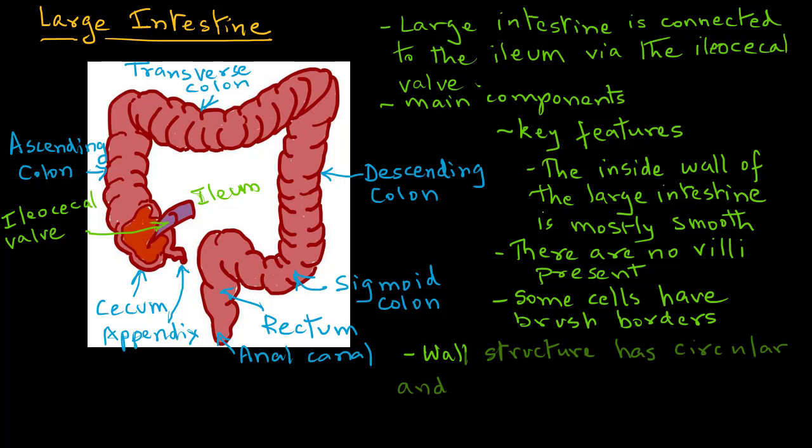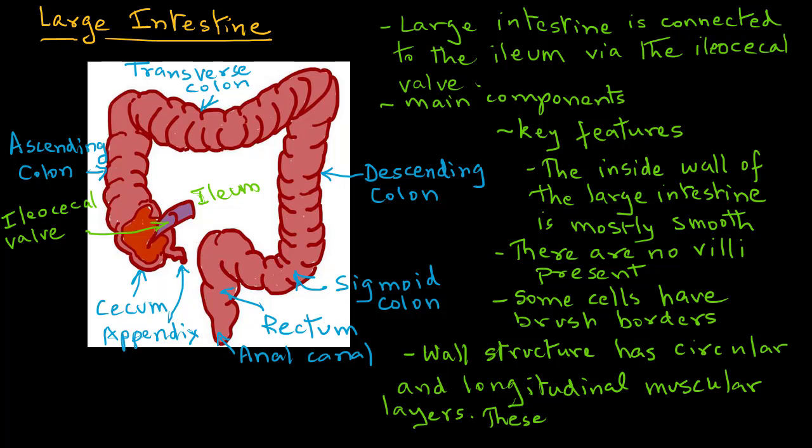The wall structure of the large intestine has both circular and longitudinal muscular layers, and these layers play an important role in gathering and creating small sacs or pouches. You almost see that in the image here for the general structure of the large intestine.